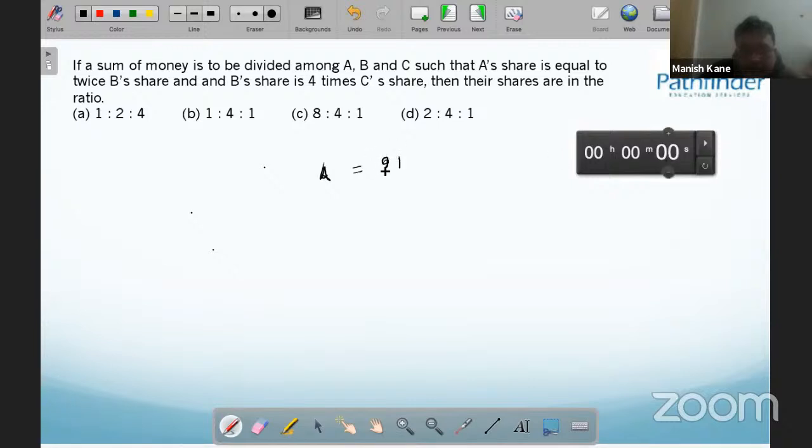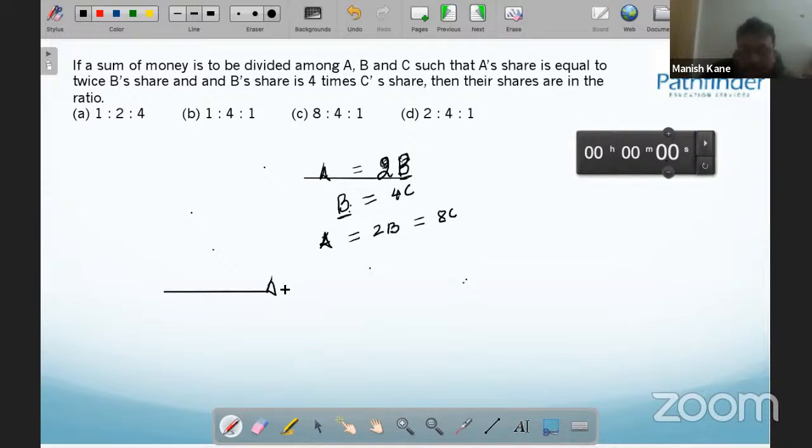So A's share can be written as twice of B, 2 times B. And B's share can be written as 4 times C. So which basically implies that if A is equal to 2 times B, A must be equal to 8 times C. How do I get that? In place of B here, just put 4C. So now you have a relation between A, B, and C.